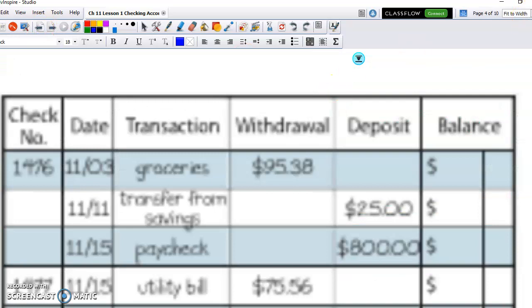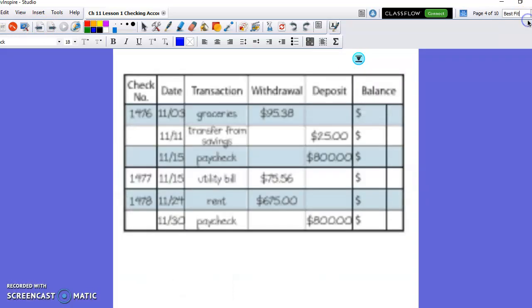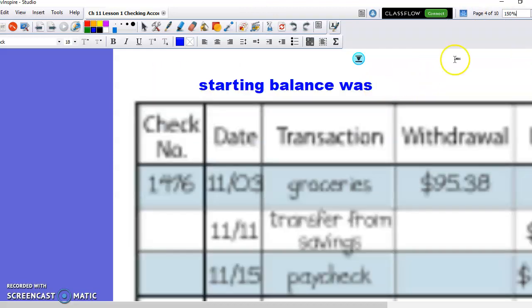So you could see, okay, we bought groceries, we put money back in our account, we have a paycheck, a utility bill, rent. Let's say that our starting balance was $150.